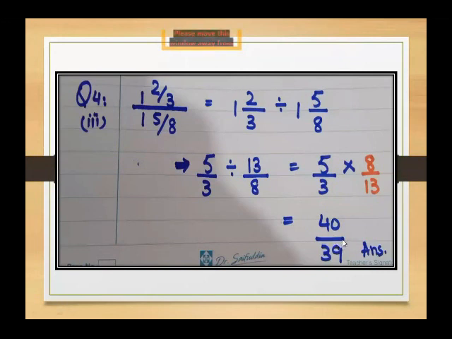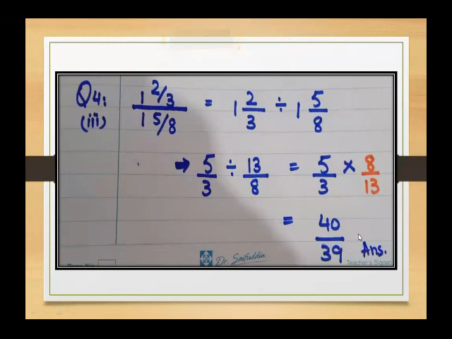You also convert it into a mixed number, so this becomes 1 whole 1 upon 39. 13 ones are 13, 3 13s are 39, plus 1 is 40. You can write this as the answer, but you will do one more step over here: convert this improper fraction into a mixed number. So this becomes 1 whole 1 upon 39.